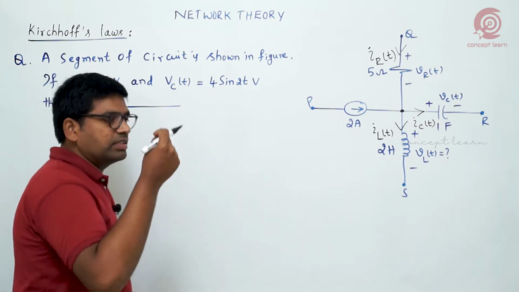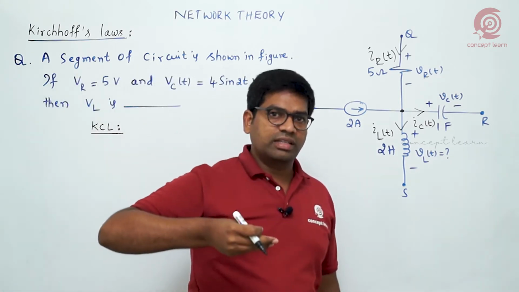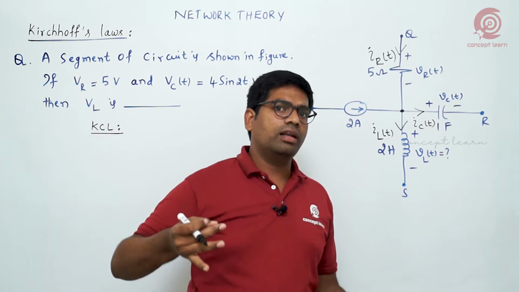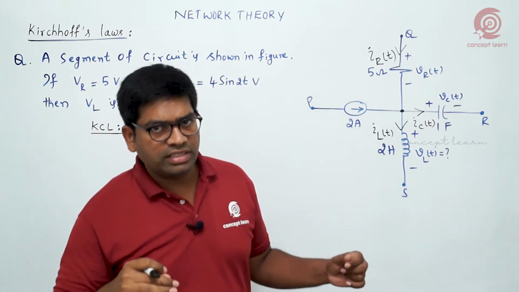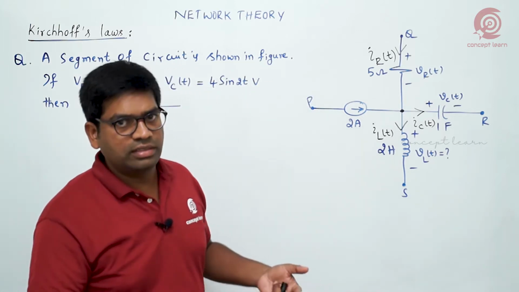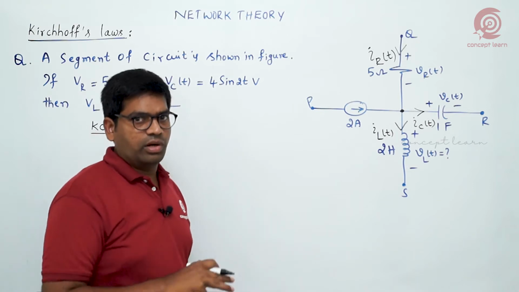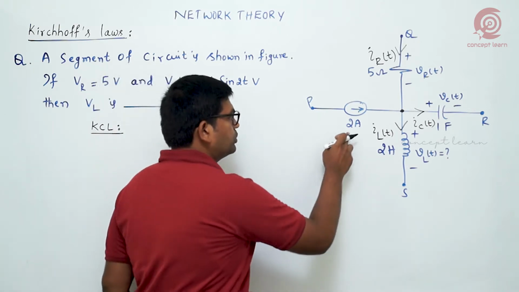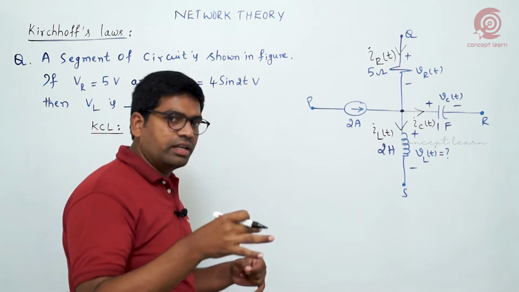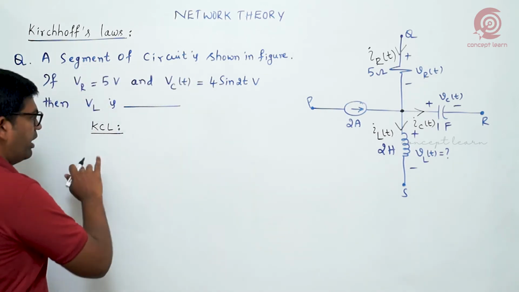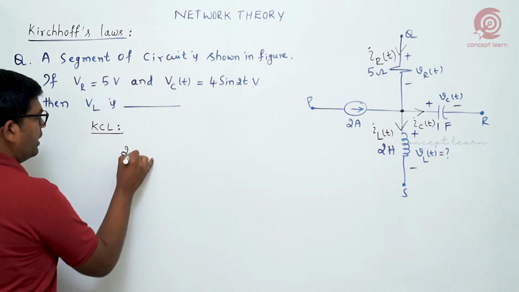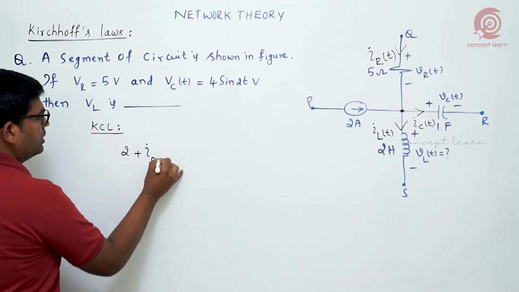As I said, KCL is: the algebraic sum of leaving currents is 0, or the sum of incoming currents is equal to the sum of outgoing currents. By that you can get the inductor current here. So 2 amperes and the resistor current, both are entering. I am writing them on the left hand side, 2 plus IR of t.